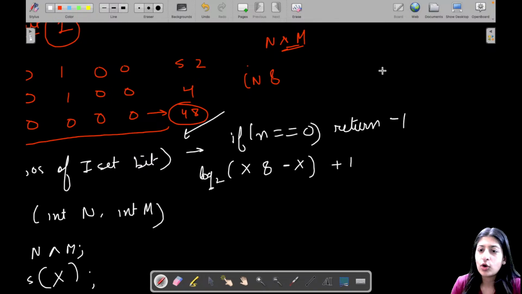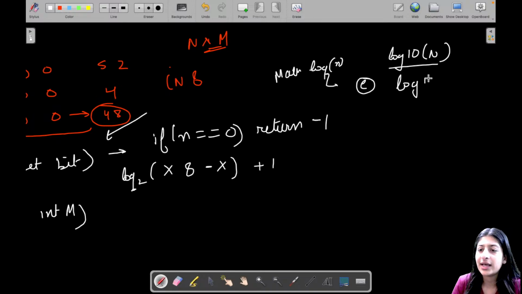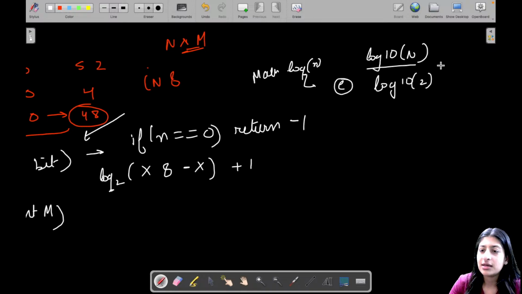In Java, the language that we are going to write in, by default math.log of any number is of base e. If I want base 2, I cannot directly do log 2 of n. I can do math.log10 of that number, but to convert it to base 2, I will divide log 10 of the number by log 10 of 2, which gives me log n base 2.